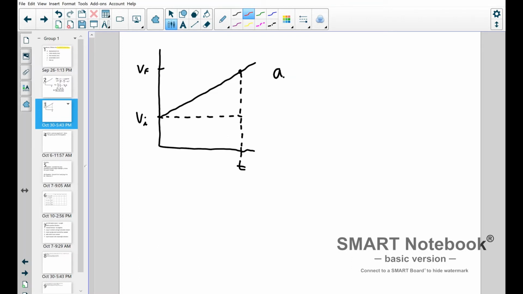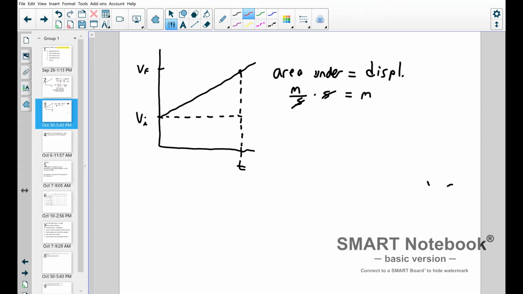So we talked before about how the area under is the displacement. And again, you could convince yourself of this with the units. If I think about that rectangle, I have a unit on the height that is in meters per second, and my unit along the base is in seconds. Those cancel, leaving me with meters.